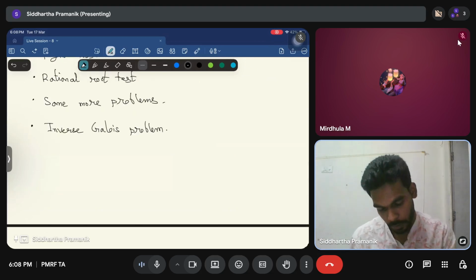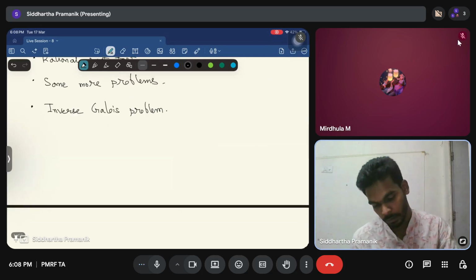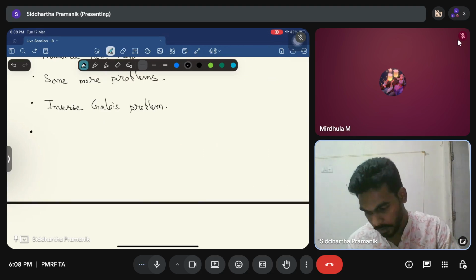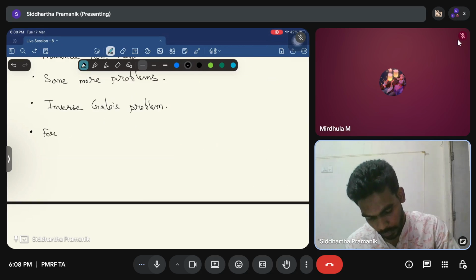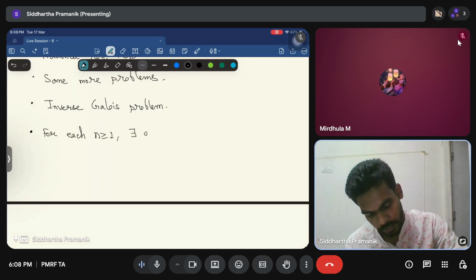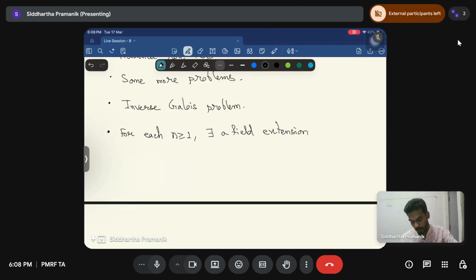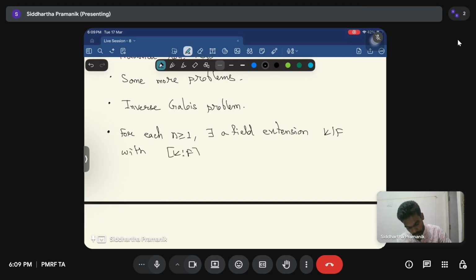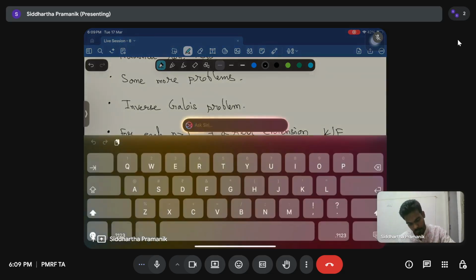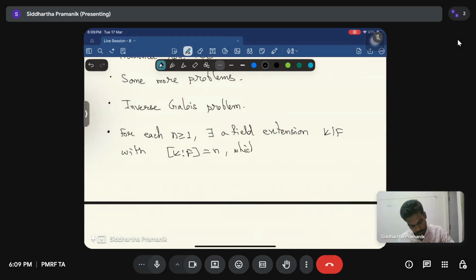Then slowly we moved on to the topic of the primitive element theorem, and in that regard we have proved that for each positive integer n, there exists a field extension K over F with degree n, which has no proper intermediate fields.